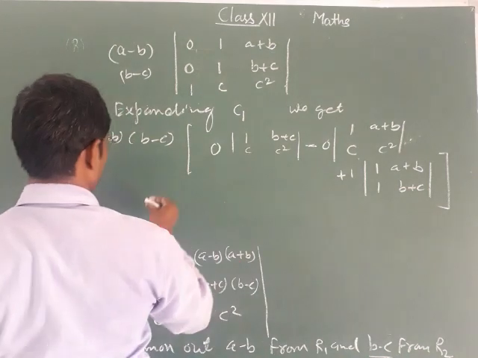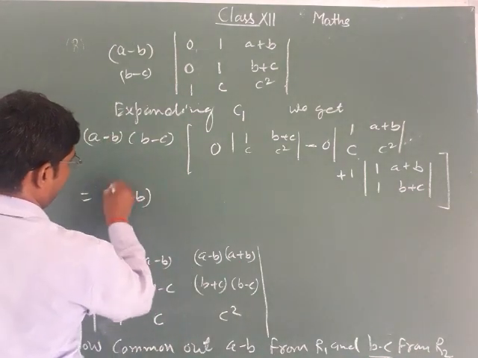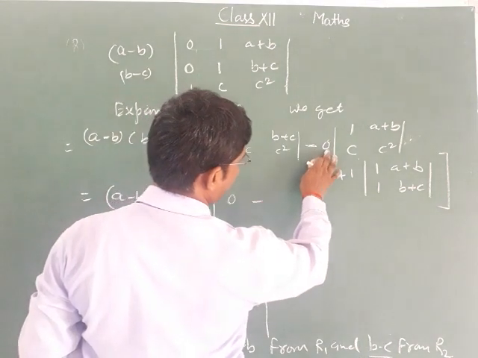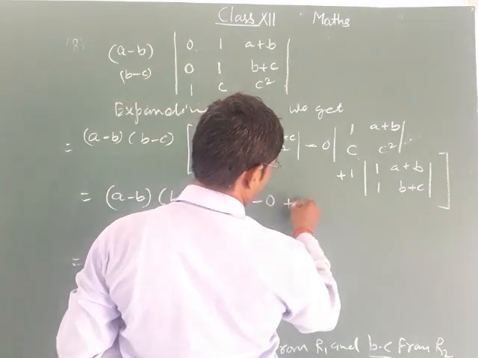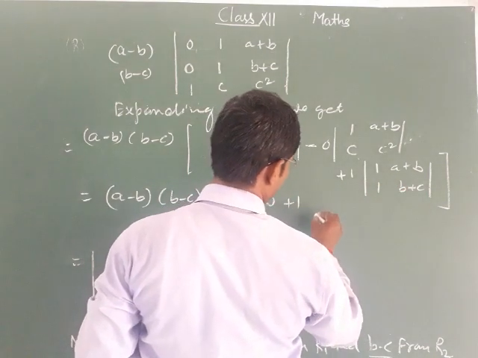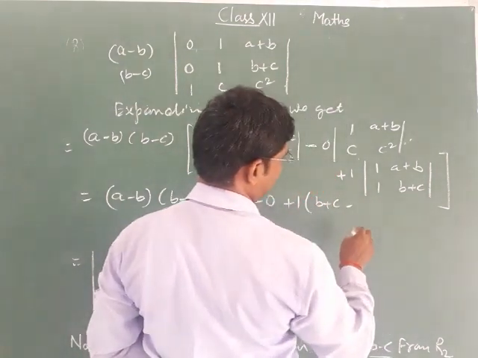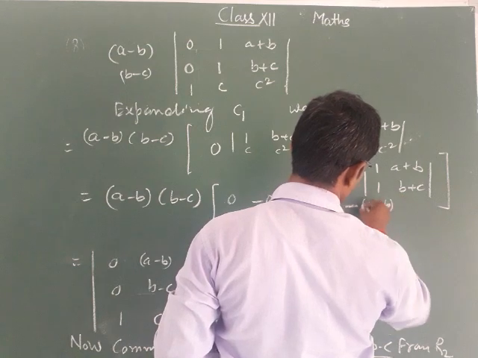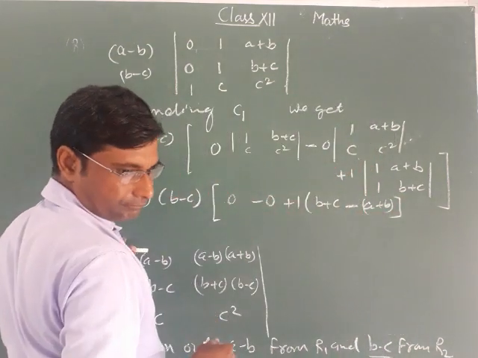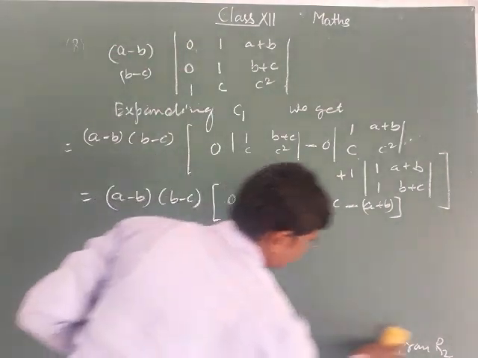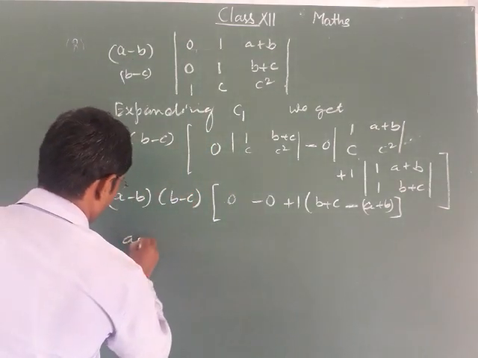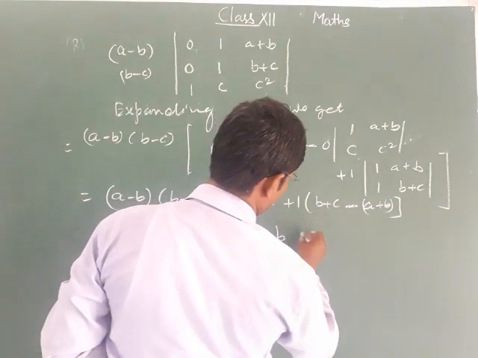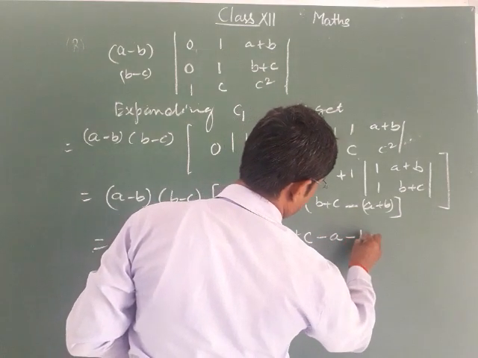Calculating: 1 into b plus c minus 1 into a plus b, so this is b plus c minus a minus b.